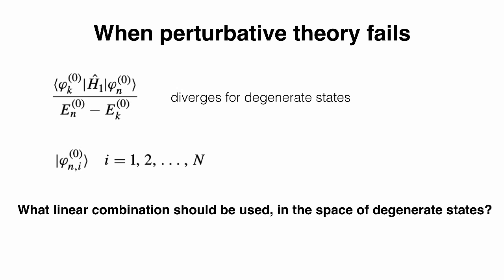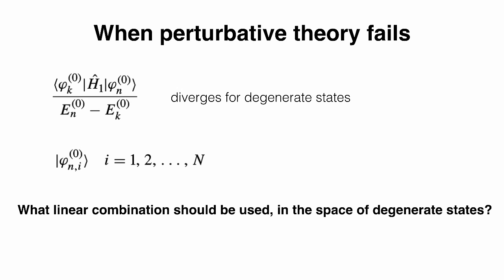So this is the degenerate subspace of a given energy. Any linear combination of those states could be used as a basis for my Hamiltonian, since they have the same energy, so a linear combination of them would still be an eigenstate of the Hamiltonian.